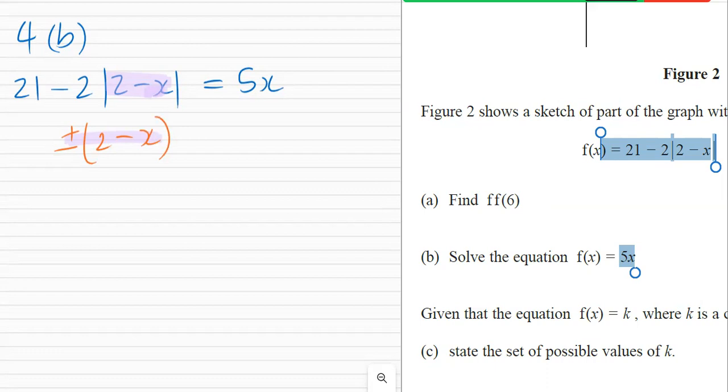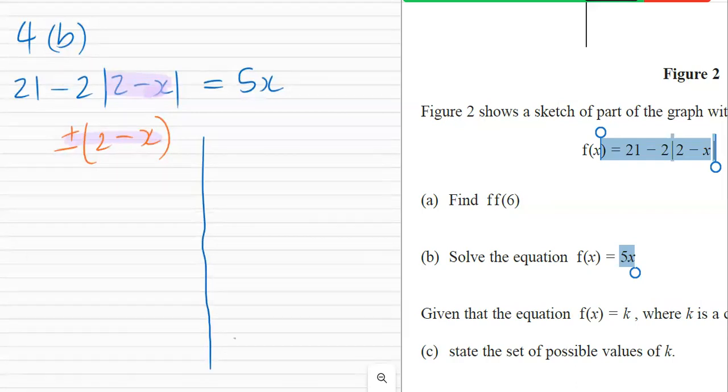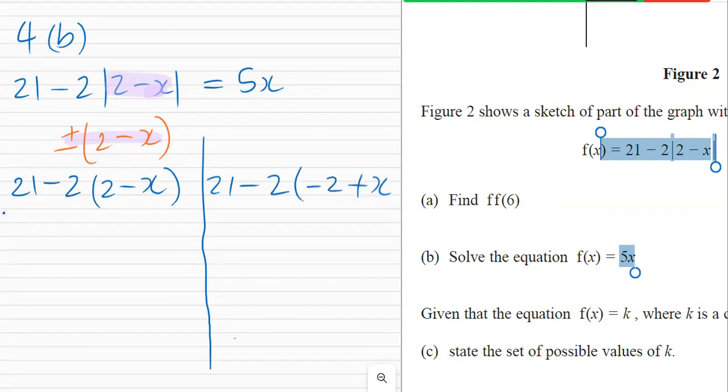So what I like to do is just take two functions. Let me make a nice line down the middle here. So 21 minus 2, and if we took the positive form of this, it's this. That's one option. On the other side, we take the negative form, so it'll be 21 minus 2 and then -2 plus x.